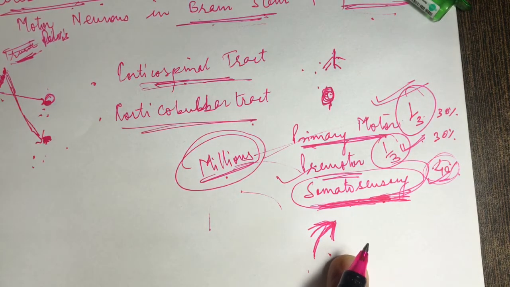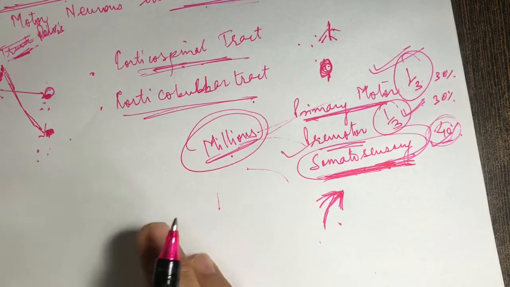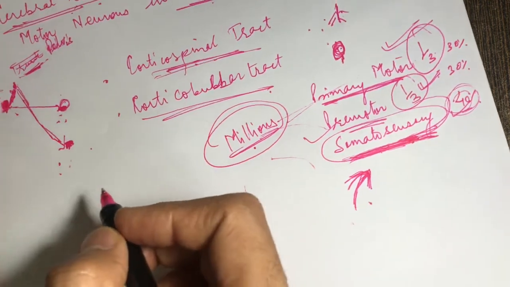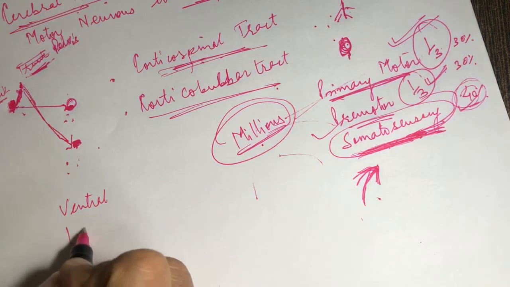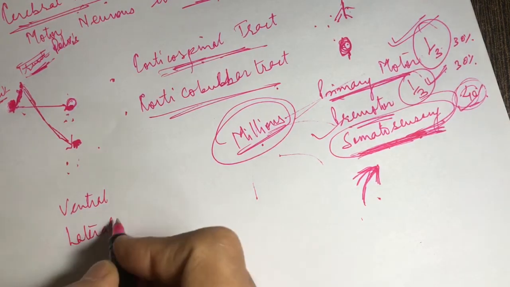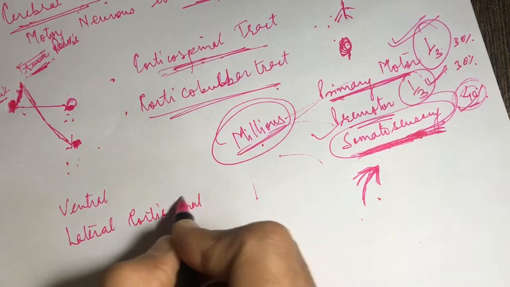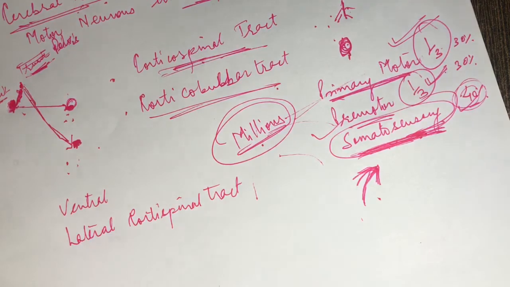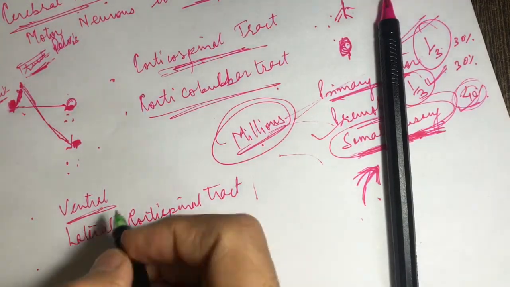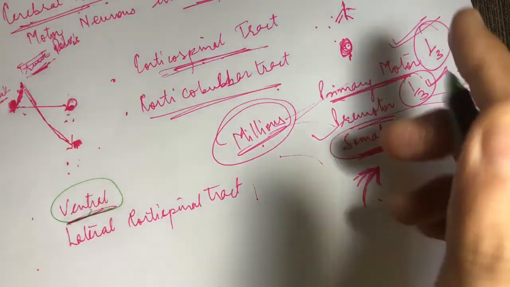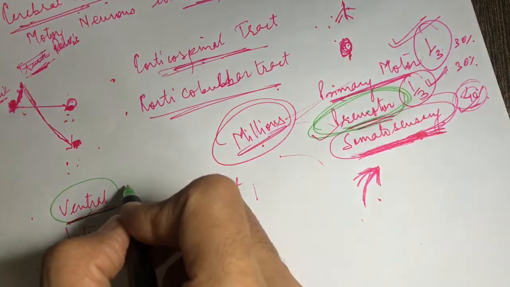Now this tract is divided into two parts. One is the ventral corticospinal and the other one is the lateral corticospinal tract. Now the ventral corticospinal tract originates primarily from the axons of the premotor, Brodmann area number 6.